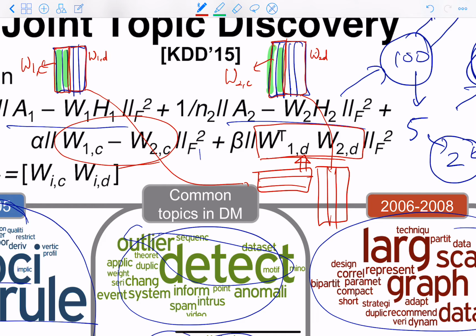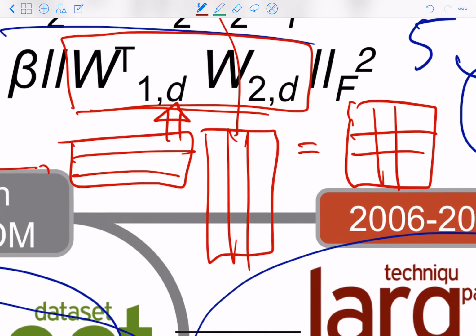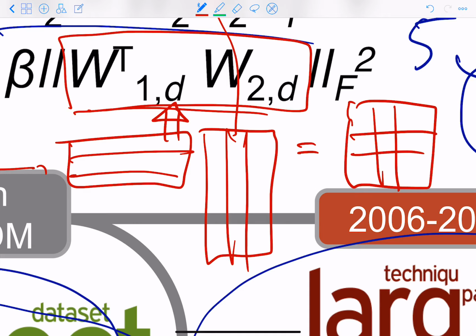We still apply the inner product based similarity, and it gives us a 3 by 3 matrix, a pairwise inner product matrix between the 3 topics from the first data set and the 3 topics from the second data set. Each element indicates the pairwise similarity in terms of the inner product between any pair of topics from the 2 data sets.